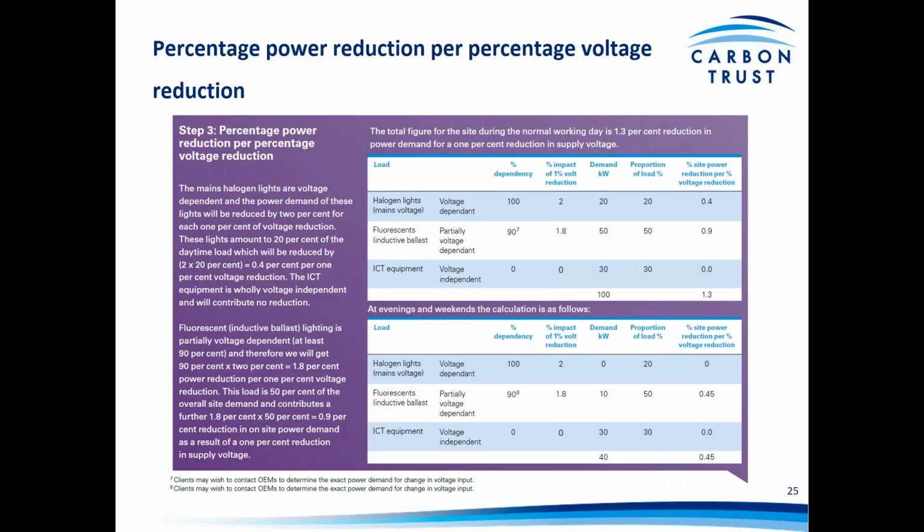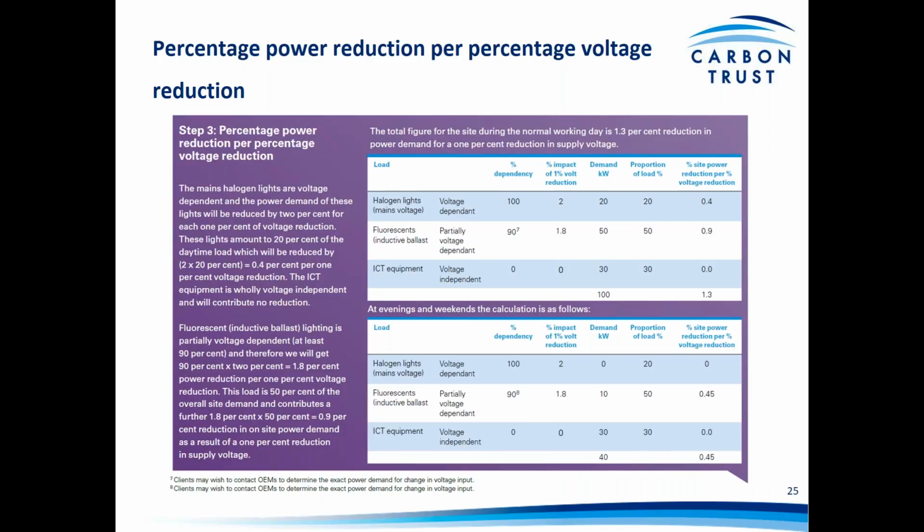These lights amount to 20% of the daytime load, which will be reduced by 0.4% per 1% voltage reduction. Also, the ICT equipment, as we've mentioned, is wholly voltage independent, so this will not contribute in any way to any voltage reduction.